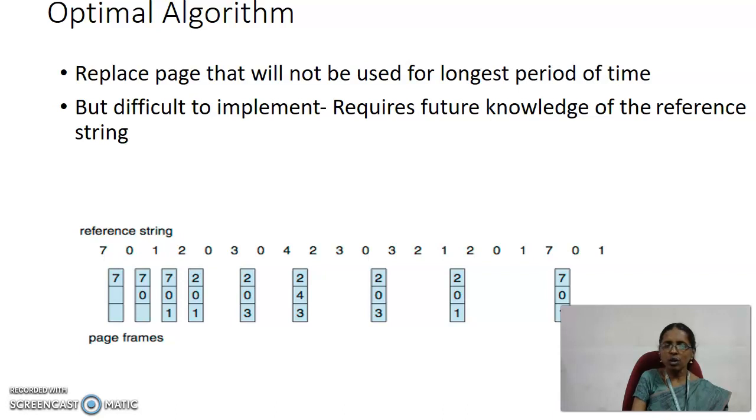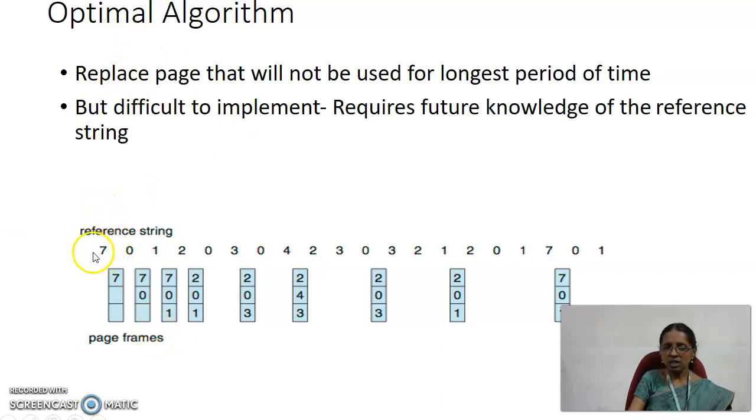That is, I am not going to use this particular page for a very long period of time, so you can replace it. For example, I will not be using page number 2 in future. For a very long period, I will not be using this page. Then you can replace that page, because a page fault will not occur. So this is the concept used in the optimal algorithm.